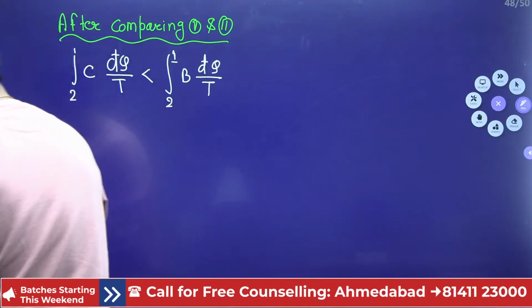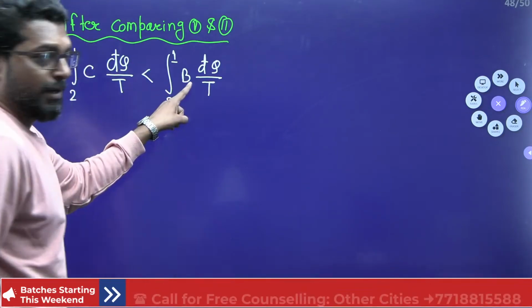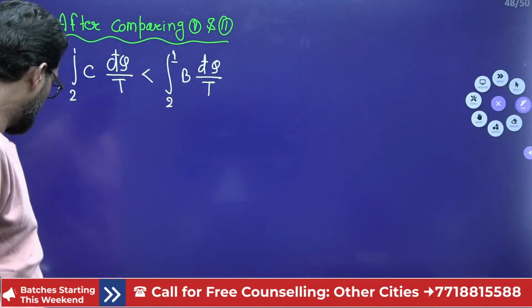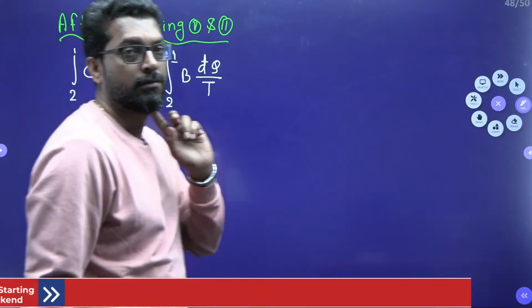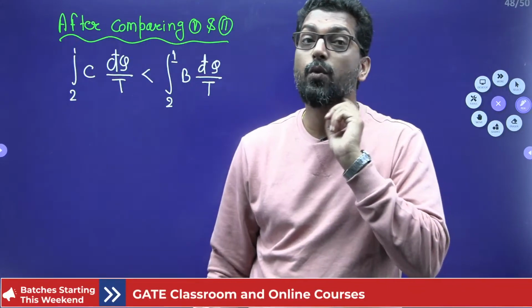See, my dear, B is the reversible process and C is the irreversible process. That means there is one conclusion.